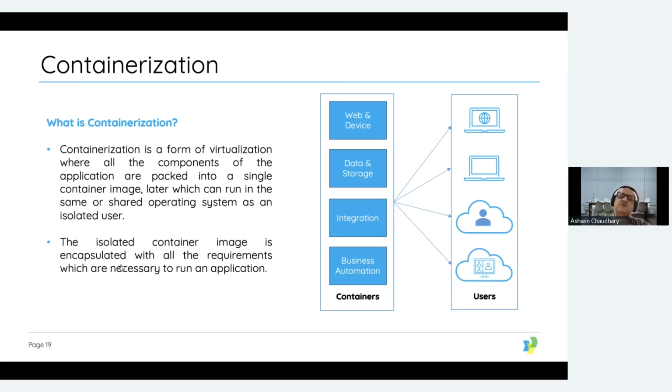Containerization is a form of virtualization wherein all the components of the application are packed into a single container image, which can run in the same or shared operating system as an isolated user. The isolated container image is encapsulated within the requirements which are necessary to run the application. So basically, containerization's container is an image.